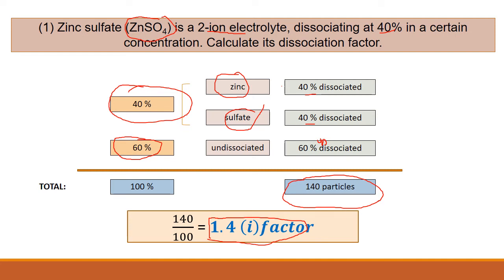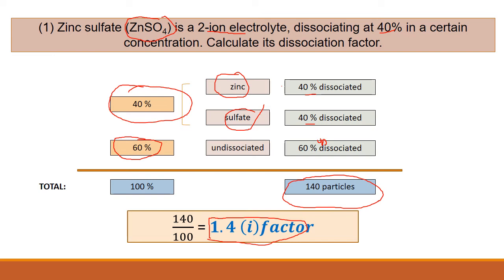Okay, so to get the Van 't Hoff factor, we have to write the 140 particles in the numerator divided by 100. So 140 divided by 100 is 1.4. So this will be your answer, or your Van 't Hoff factor for our zinc sulfate. Okay, so again, you have to distribute 40% to both our zinc and our sulfate if you're going to get the particles.